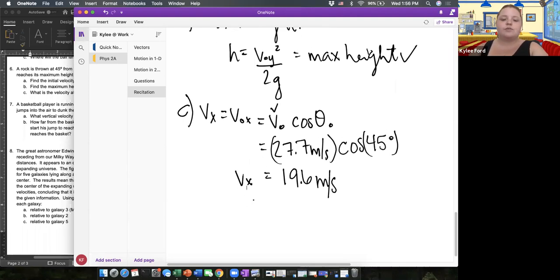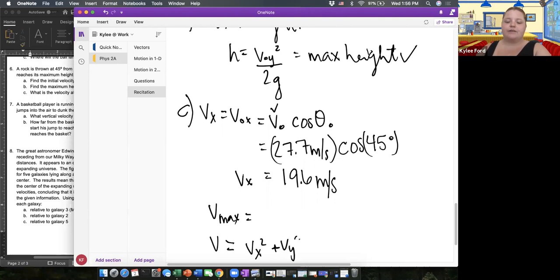So what this really means is that our velocity at our maximum height is going to be calculated from a couple of things. Remember that the magnitude of a vector is calculated in this way, where we have the two components, square them, add them up, and then take the whole square root, okay?